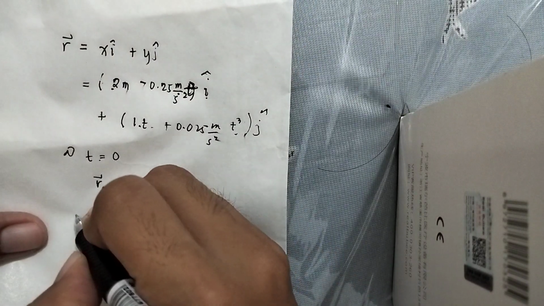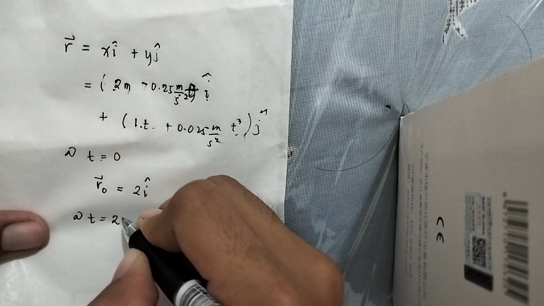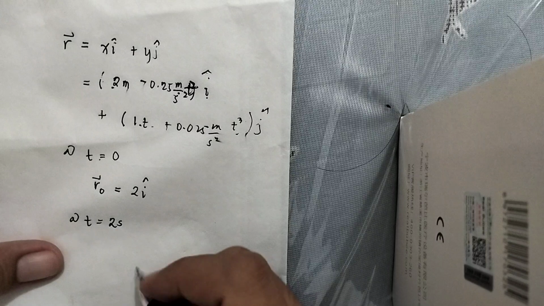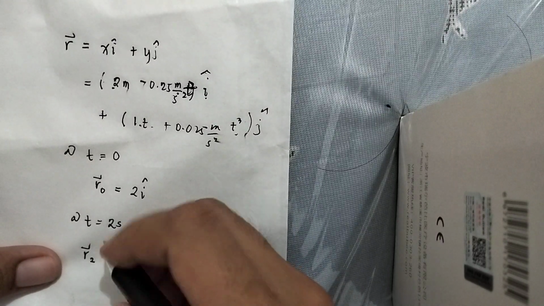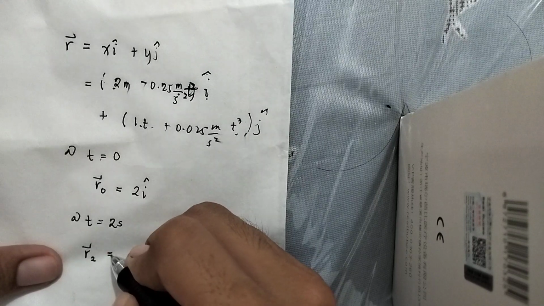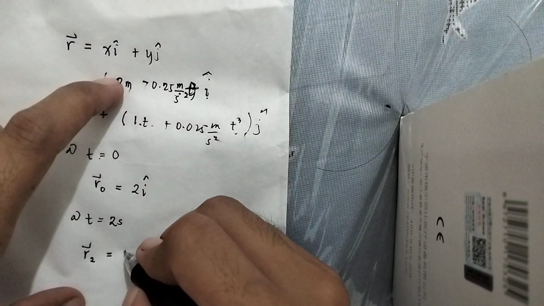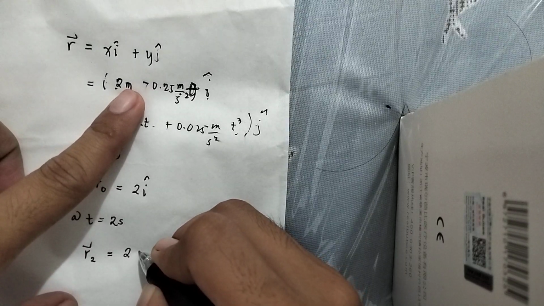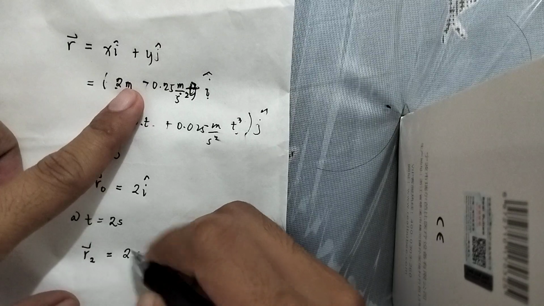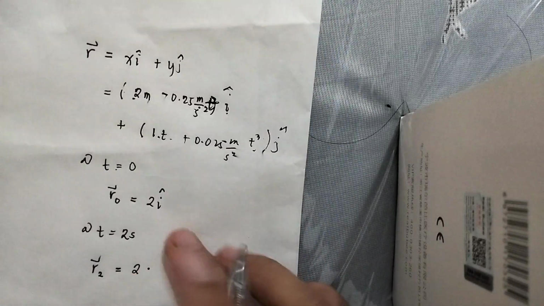So, next is at time equal to 2 seconds. Your position vector, we already have the answer here, so we'll just put it in. Those are 1 and 2.2.